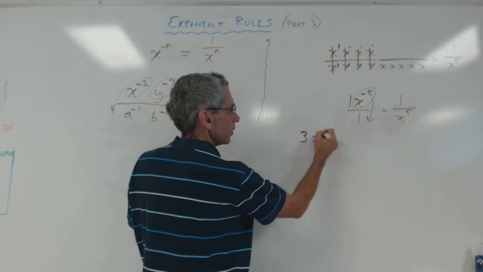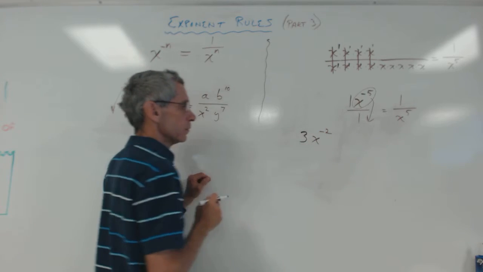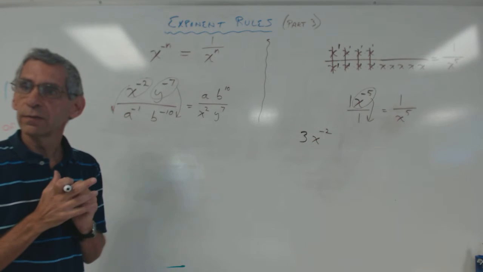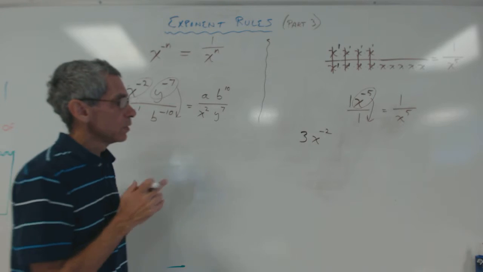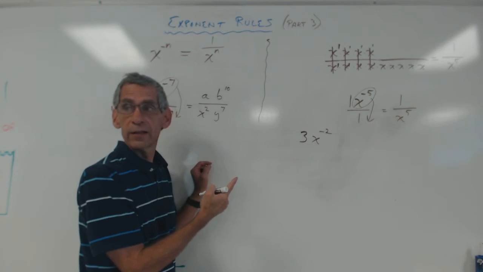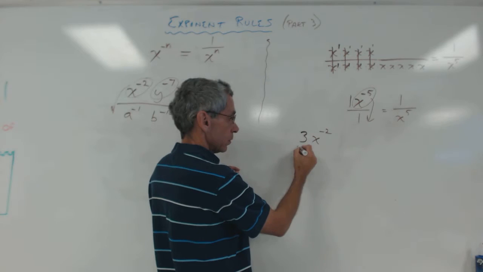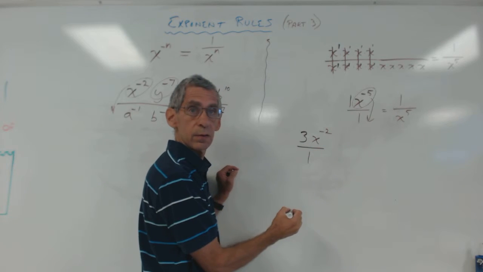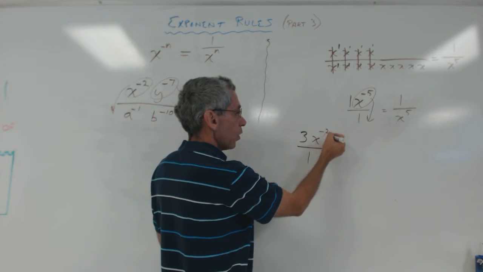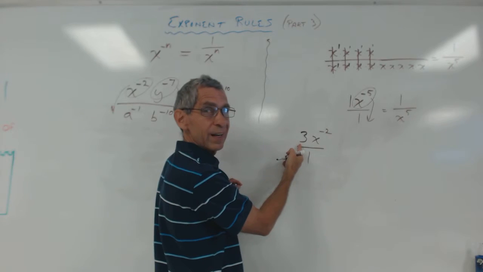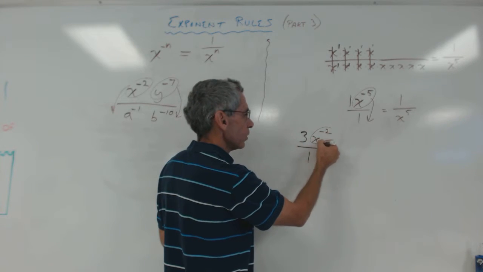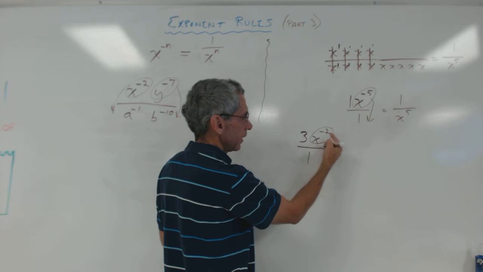What if I gave you 3x to the negative 2, and you had to simplify that with positive exponents. First of all, there's no fraction line. So what do I do? Create one, right? What does the negative 2 affect? Does it affect the 3? No. Just the x. So I'm just going to circle the base and the negative 2.